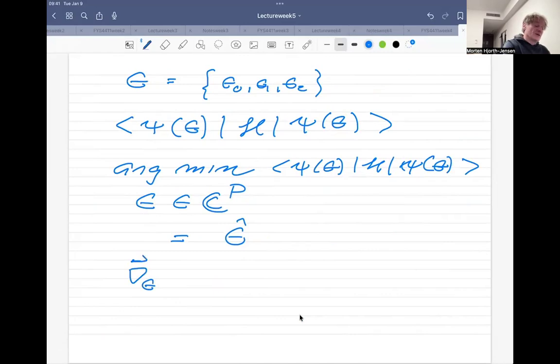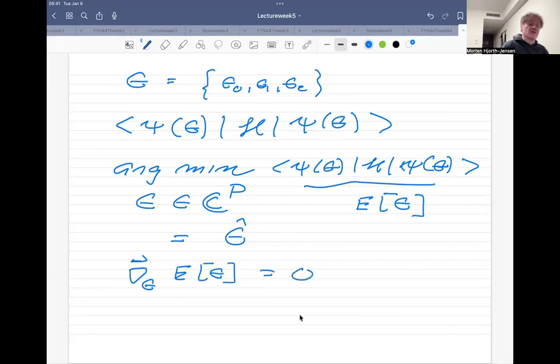So this is a vector of this quantity here, which we are going to label as the energy, which is now a function of these variables theta. And this is a quantity we want to drive to 0. In essence, that means that we are going to use some kind of Newton methods or quasi-Newton methods to find the roots of this equation here.